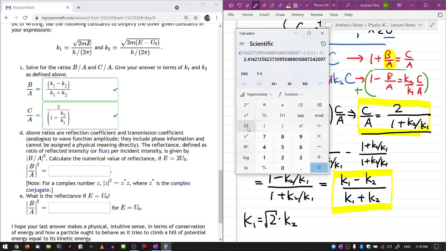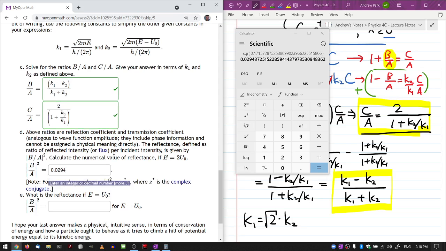My apologies for the plane noise. Okay, I get, oh wait, that's just the ratio. I need to take the square of it to get what's wanted here. So take the square: 0.0294. That seems rather small, but all right.